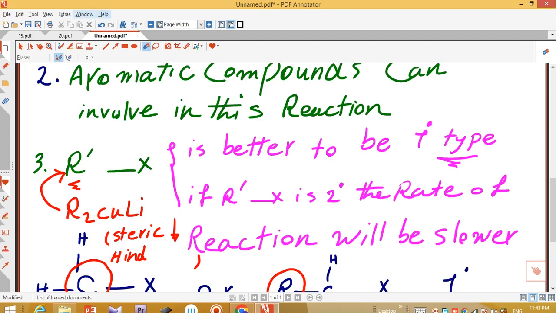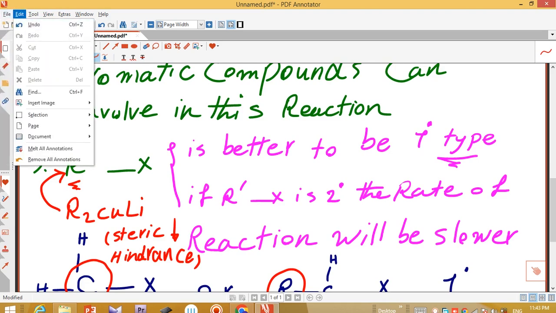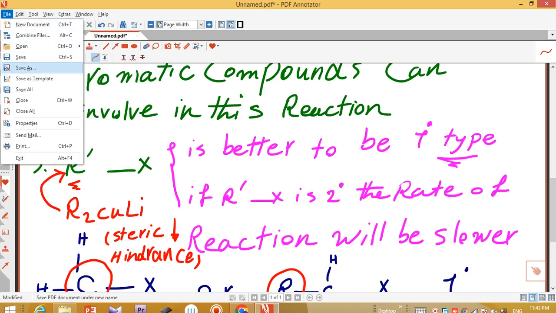So there will be less steric hindrance, so the rate of reaction would be better. But in carbon type 2, again, we will have this Gilman reaction, but the rate of the reaction will be slower because there are two alkyl groups, two carbons connected to our CHX. So basically, more steric hindrance, more problems. So they irritate our nucleophile.